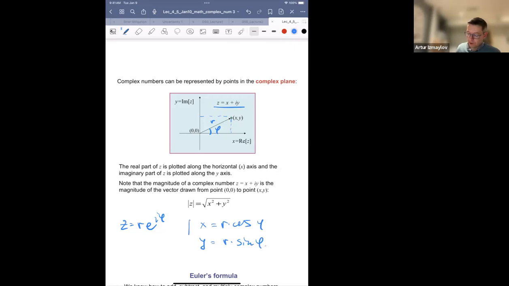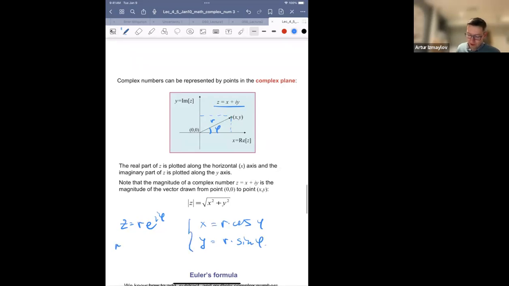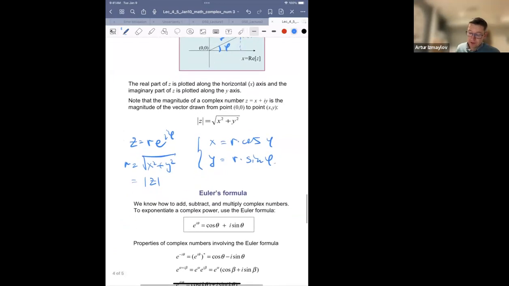From this formula, you can derive what r is. It's essentially the square root of x squared plus y squared, or the absolute value of z. And then you can also get phi, which is the arctangent of y divided by x.